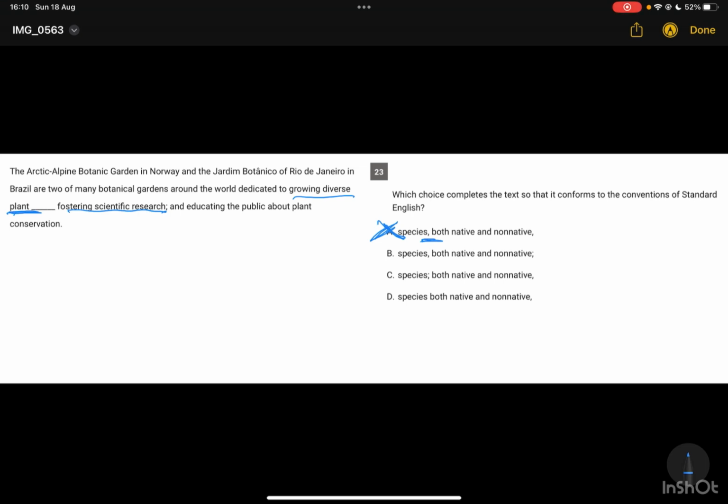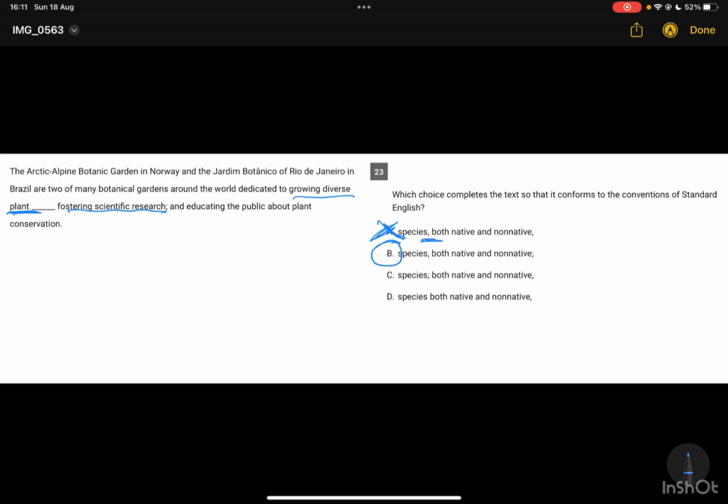The comma after species is correctly used to separate the noun phrase diverse plant species and the supplementary phrase both native and non-native, which modifies it. So B is going to be the answer.